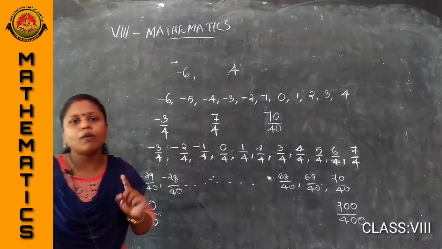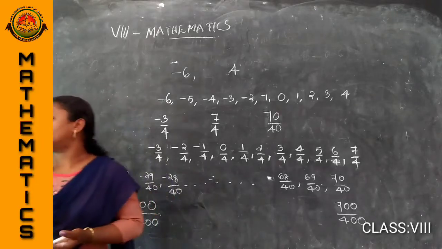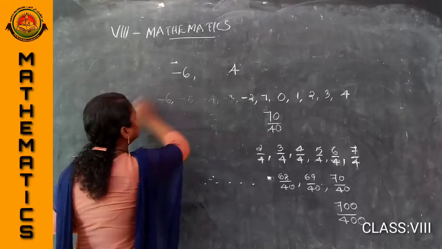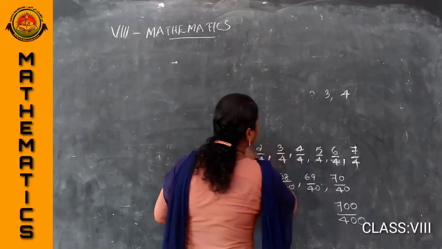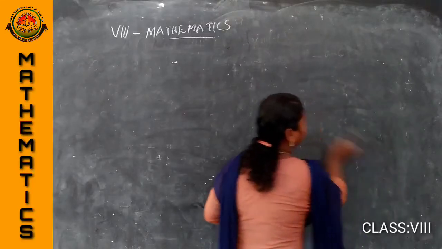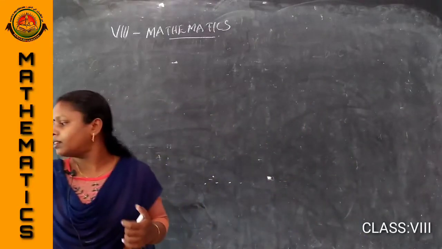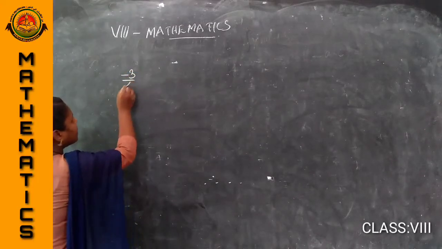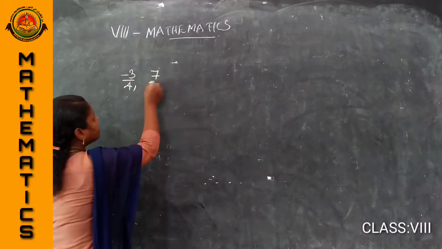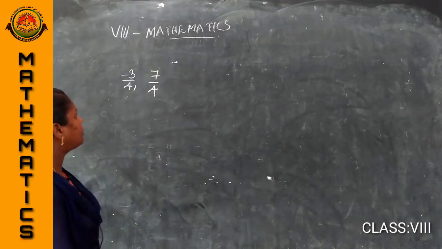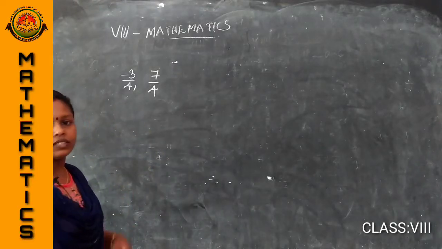We have one more method. The second method: suppose we take the same rational numbers, negative 3 by 4 and 7 by 4. Then we can find the average of these rational numbers.